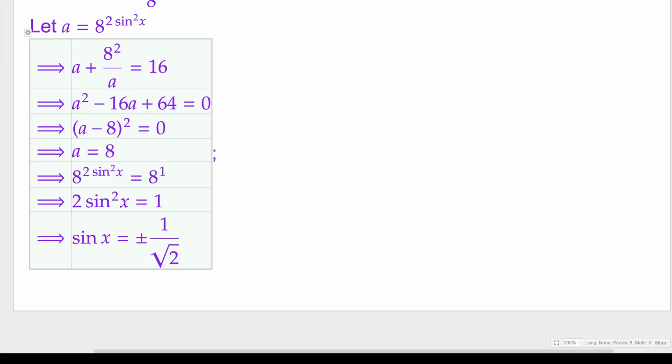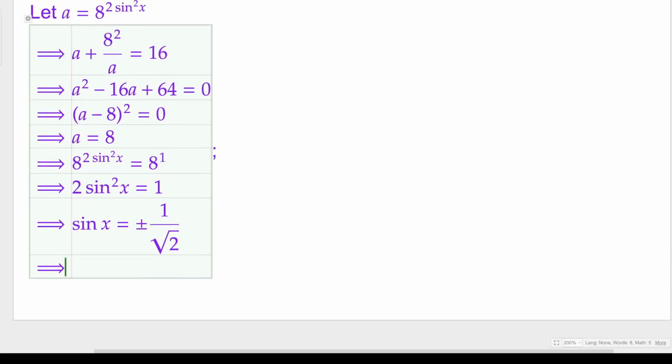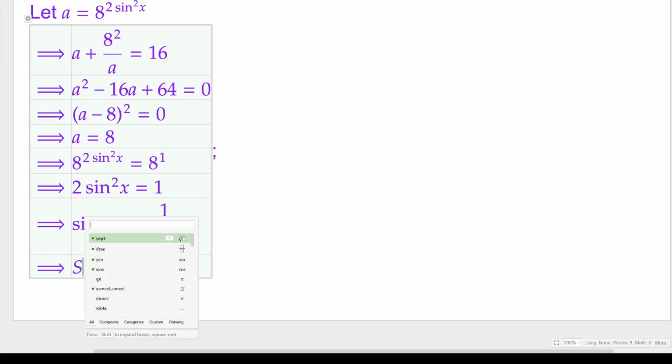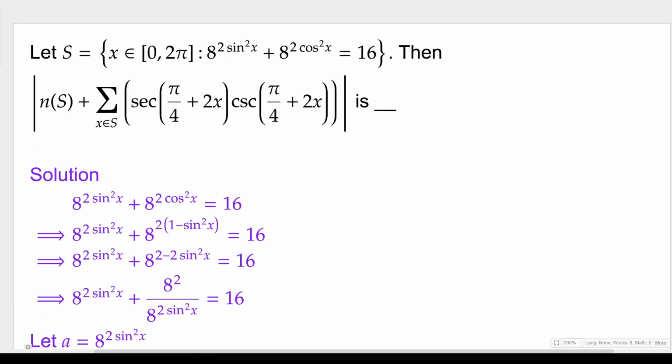Now the set S, the set which will satisfy this trigonometric equation, will contain the values constrained by the interval 0 to 2 pi.